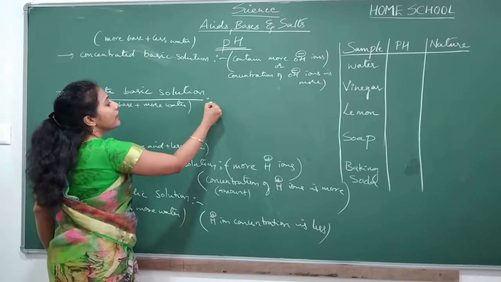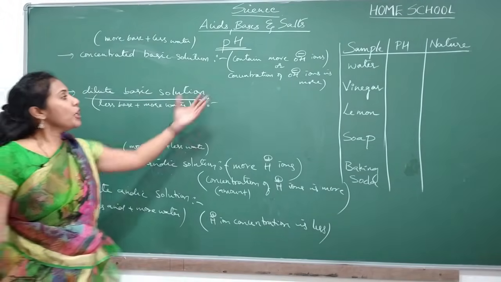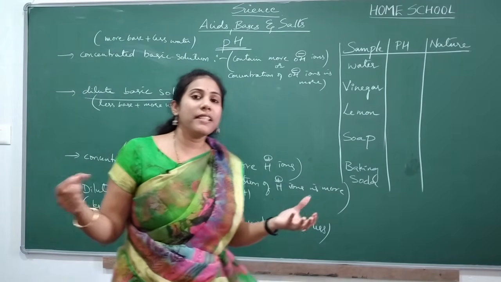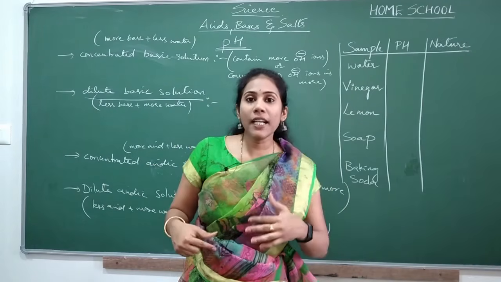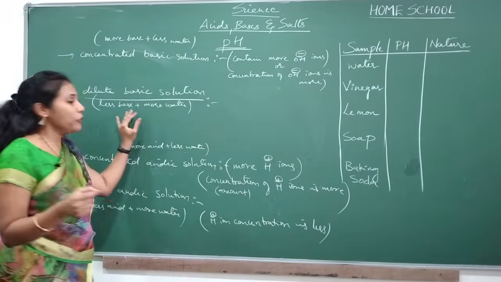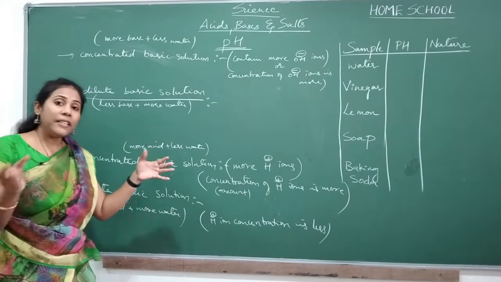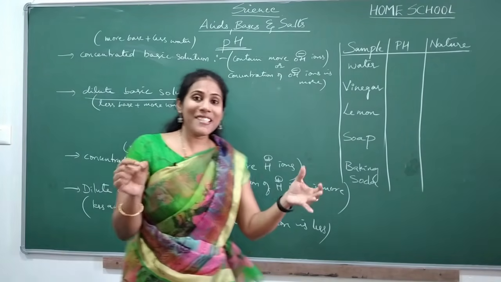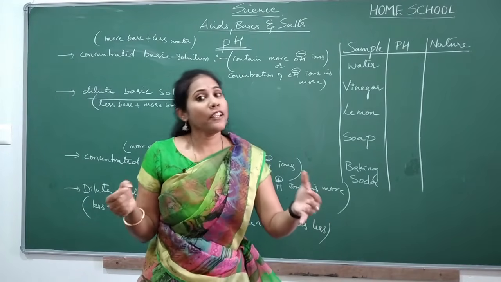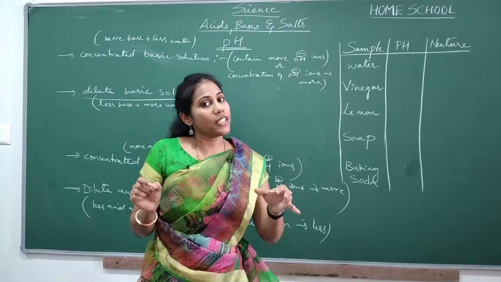So here, what about the concentration of OH minus ion, that is, the number of OH minus ions? Will it be more or less? Definitely less, isn't it? Because less amount of base you have taken. When the number of base molecules is less, automatically OH minus ions in that particular solution are also less.